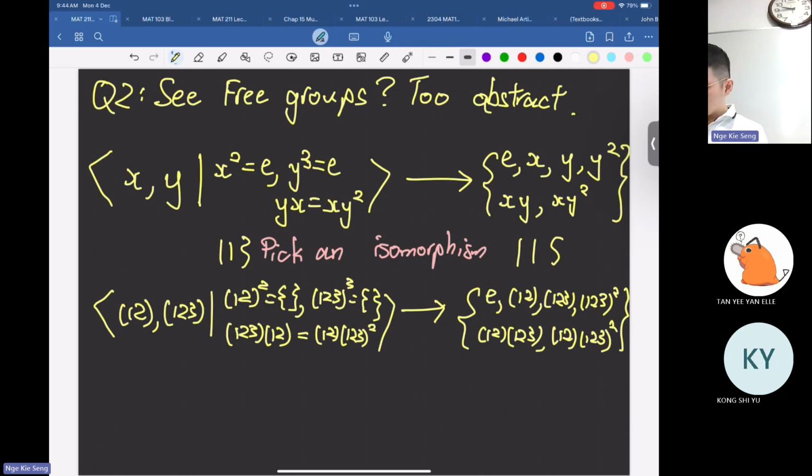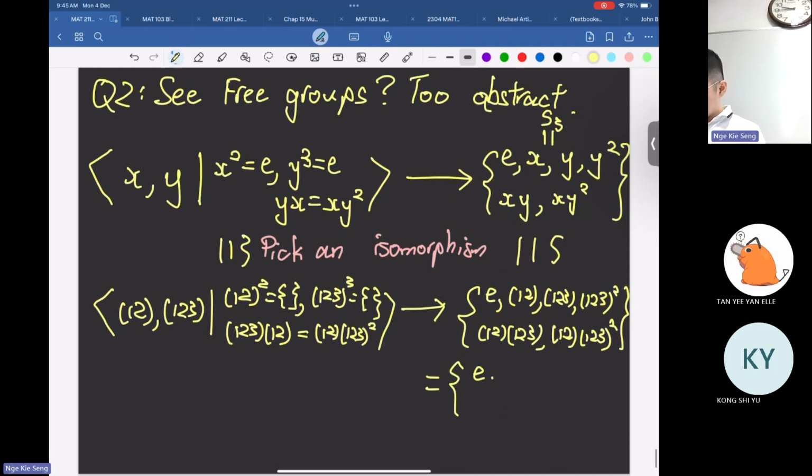I really know this guy as S3. I know how to compose them in S3. So this is permutations of 3 indices. I can compute them. What are these 6 elements? E, (1 2), (1 2 3), (1 3 2), (2 3), and you should guess this is (1 3), and then compute it.